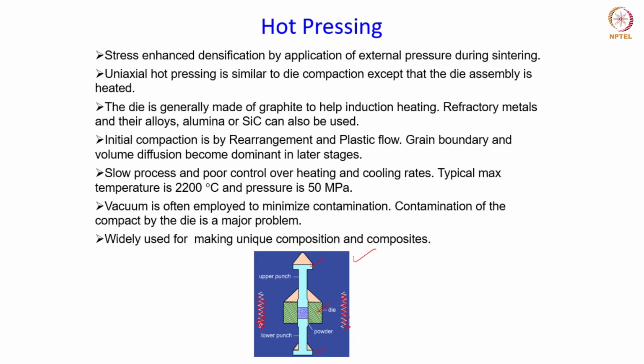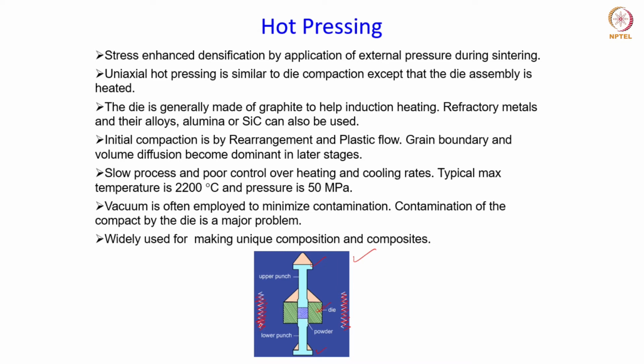And this is a process which is widely used for making unique compositions and composites, because here the powder can be mixed with some other elements, some other metals, to give rise to an alloy. And this alloy composition can be varied depending upon the requirement in the final product. It is a simple process where it is easy to control the composition, and therefore it provides an opportunity for making unique compositions.